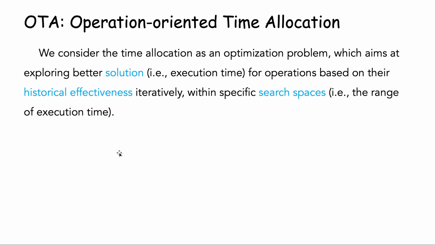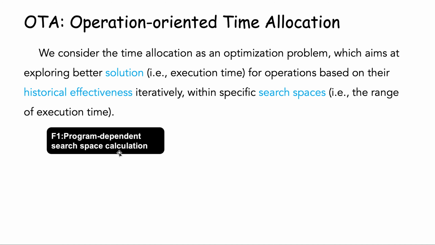In this paper, we introduce OTA, an operation-oriented time allocation strategy. We consider time allocation as an optimization problem, which aims at exploring better execution time for operations based on their historical effectiveness iteratively within specific search space.